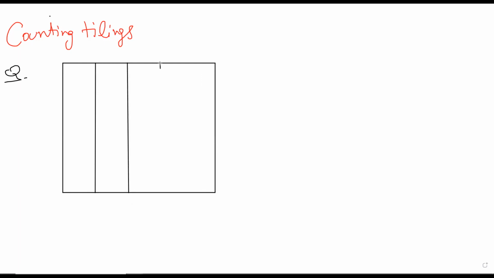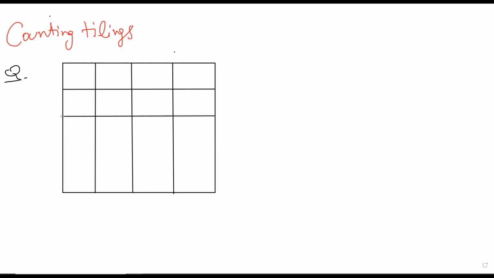And there are two joint squares, and you can use them either horizontally or vertically. In how many ways can you fill it?